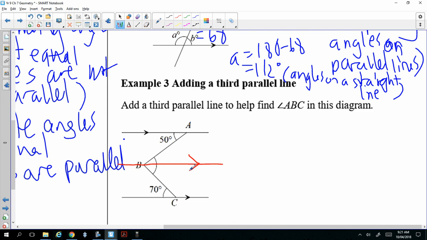So what we do is, let's call this letter D. So we can work out angle ABD. Now, what's angle ABD there? How do I work it out? That's equal to which angle? 50, because it's alternate angles on parallel lines.